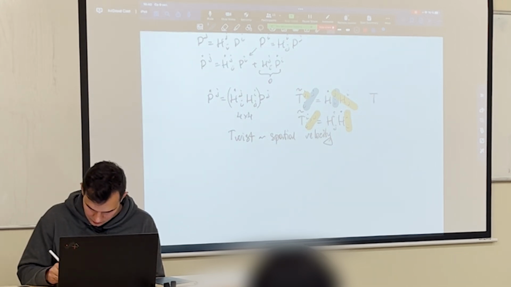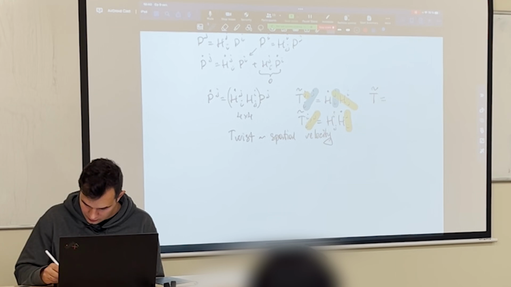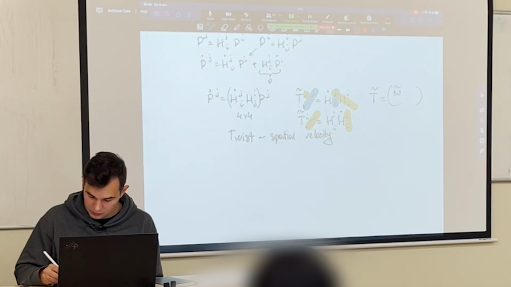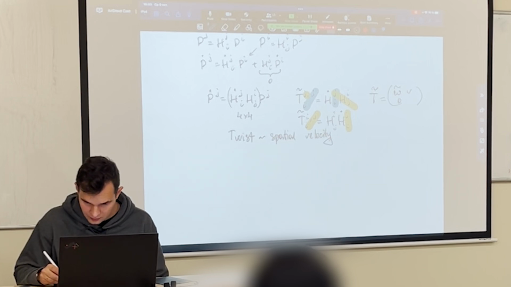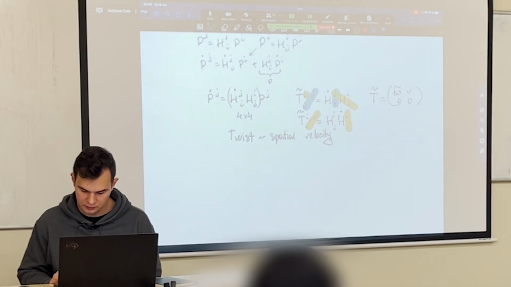This twist equals a 4 by 4 matrix, with the angular velocity in a skew-symmetric form, the velocity in a normal form, and a 0 here.